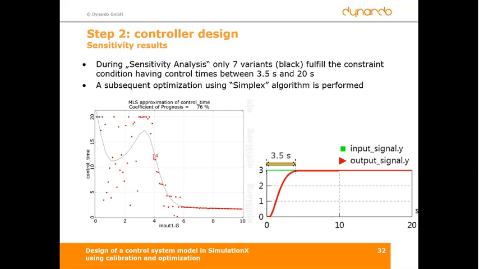The MOP shows that the control time is mainly influenced by the system gain. And all successful designs have a controller gain smaller than 1. After sensitivity, a subsequent simplex algorithm is performed, and the upper bound of the parameter of the system gain is reduced to 1.